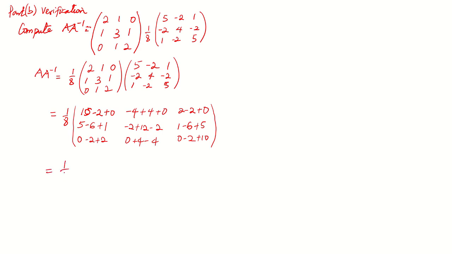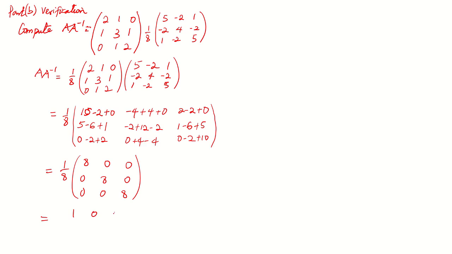And when you simplify this further, we have 1 over 8 into, this is 8. Here is 0. Here is 0. This is 0. This is 8. And this is 0. So here is 0. Here is 0. And here is 8. Right? Open your brackets, multiply 1 over 8 by the elements.